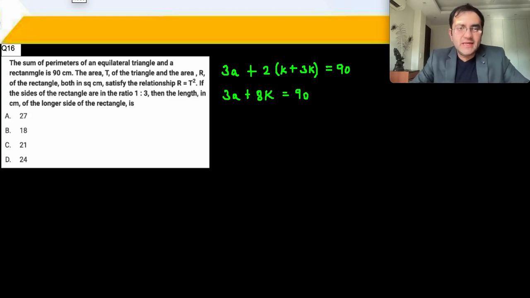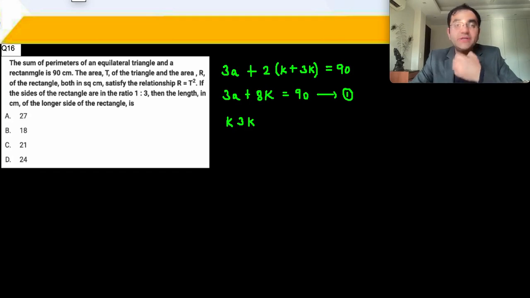Then it says that area T of the triangle and area R of the rectangle satisfy the relationship R equal to T square. Okay, it's the first equation. So we take sides k and 3k, and that's the area of the rectangle. R is equal to T square.